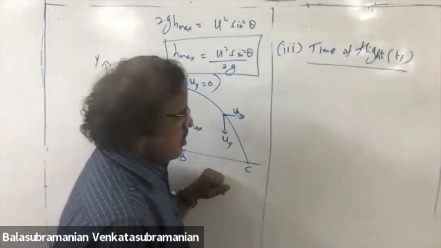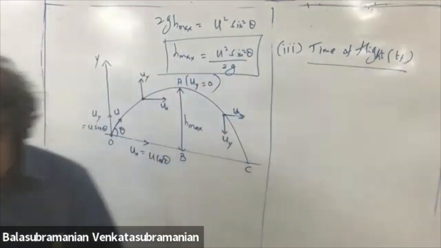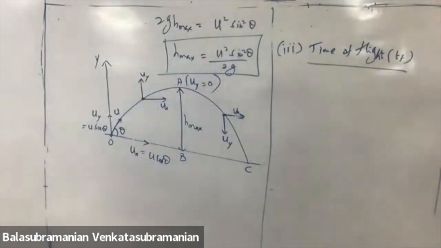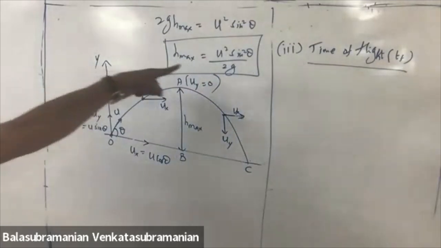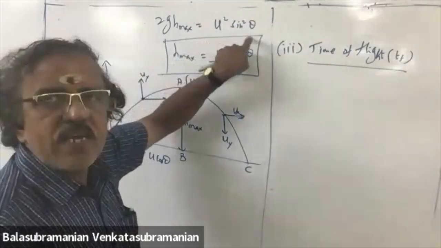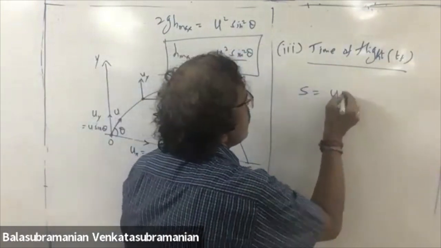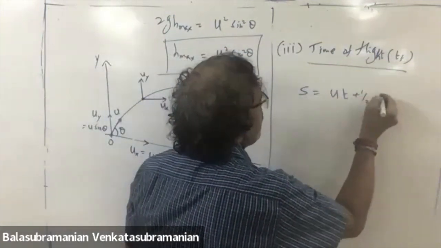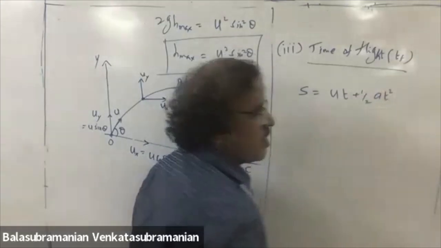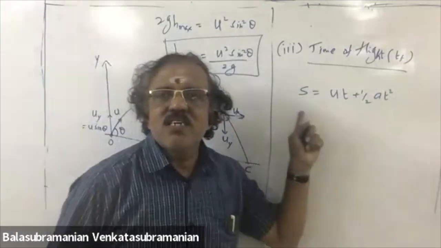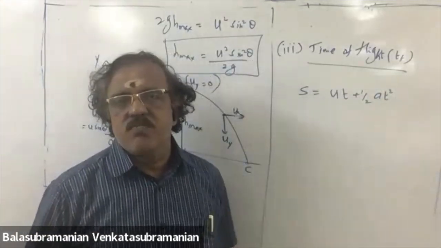Okay. So in this case, what equation of motion can we consider? Already we have taken v square is equal to u square plus 2as here. So the displacement equation, ut plus half at square. Here s is the vertical displacement.